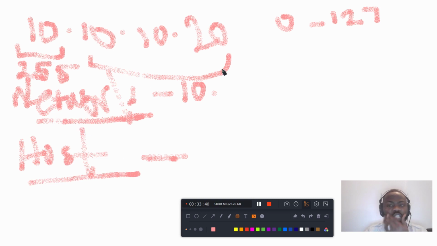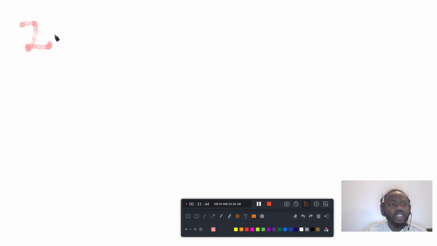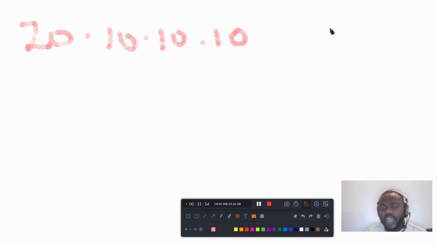So the network portion, let's do another one. If you are given 20.10.10.10, now this here, without giving any slash notation, without giving any subnet mask, you know that 0 to 127 is your class A range.